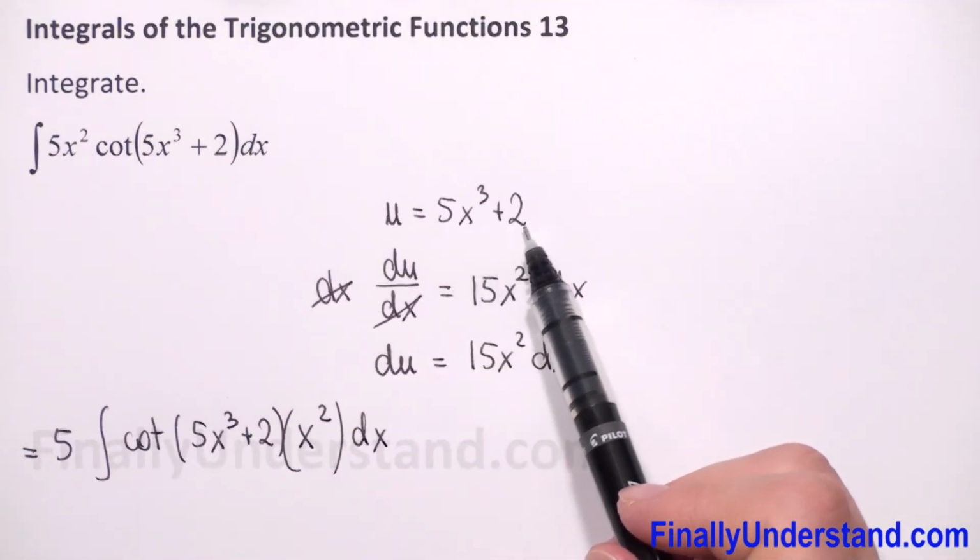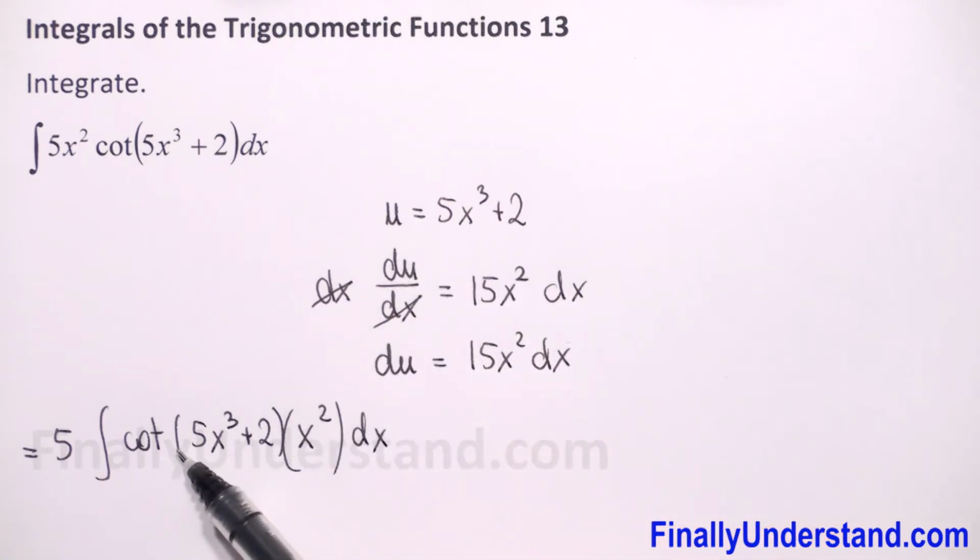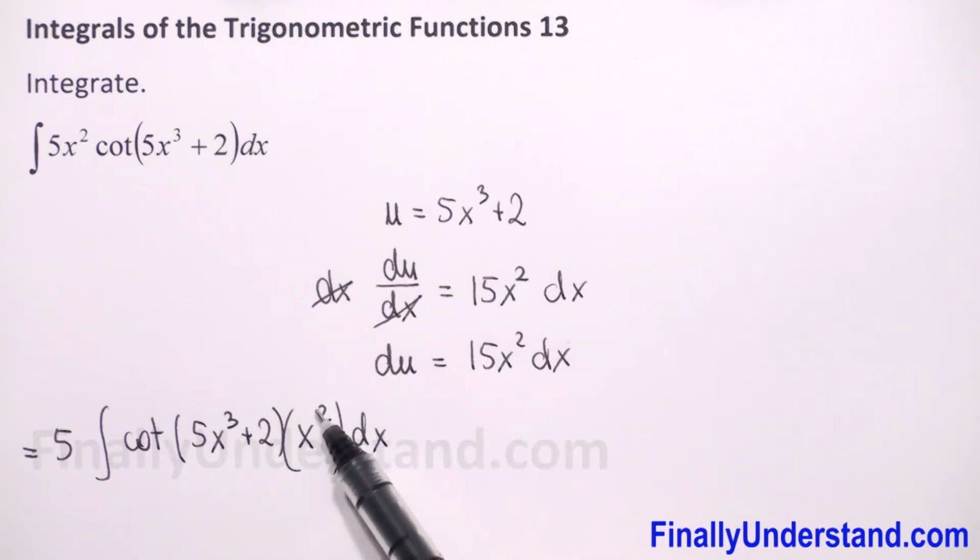We see that when we substitute 5x cubed plus 2 by u, we will have here only x squared dx, because we cannot mix up x and u in one expression. So we need to substitute x squared dx.